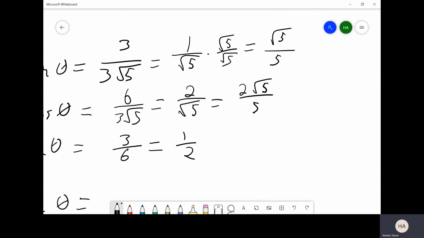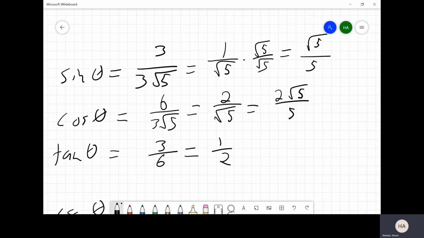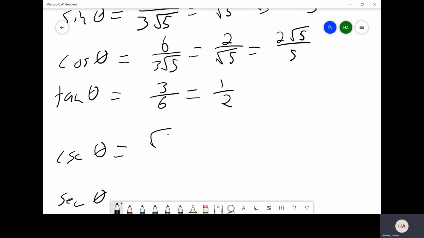Before you even try flipping this one, because we know that we're going to rationalize this, if you just flip it, it would be 5 over square root of 5. But instead of doing that, why don't we just take what we originally solved for? We found it to be 1 over square root of 5. So when we flip that, that's just square root of 5 over 1, which is just square root of 5. So great, we found cosecant of theta.